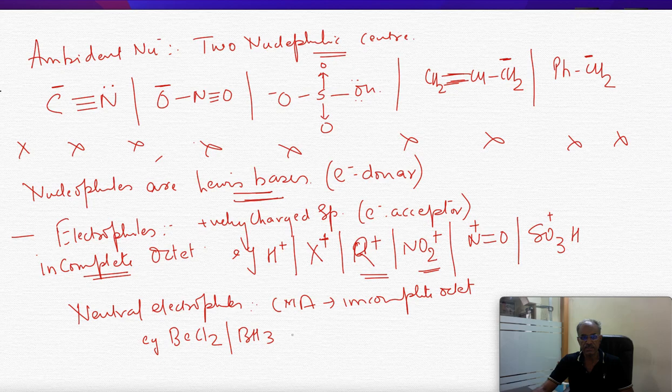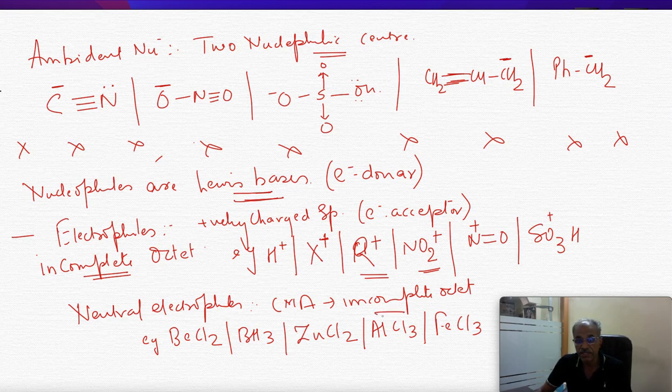Then ZnCl2. These are neutral electrophilic compounds. Then you can say AlCl3 is an electrophile. Then FeCl3 is an electrophile. Just remember, mind it. Incomplete octet: BeCl2, borane, zinc chloride, aluminum chloride, and FeCl3.